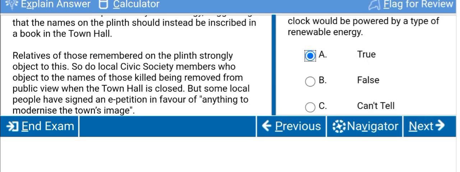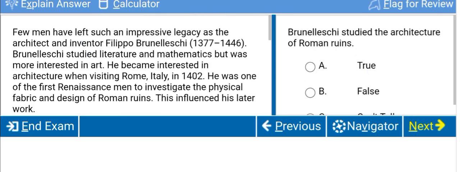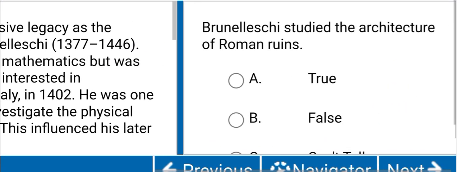Okay. Next question we have is question number 9: that Brunelleschi studied the architecture of Roman ruins.